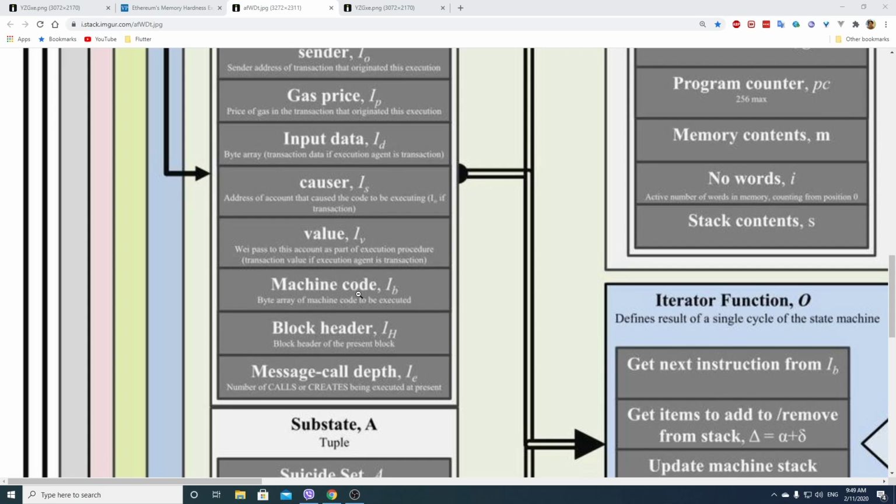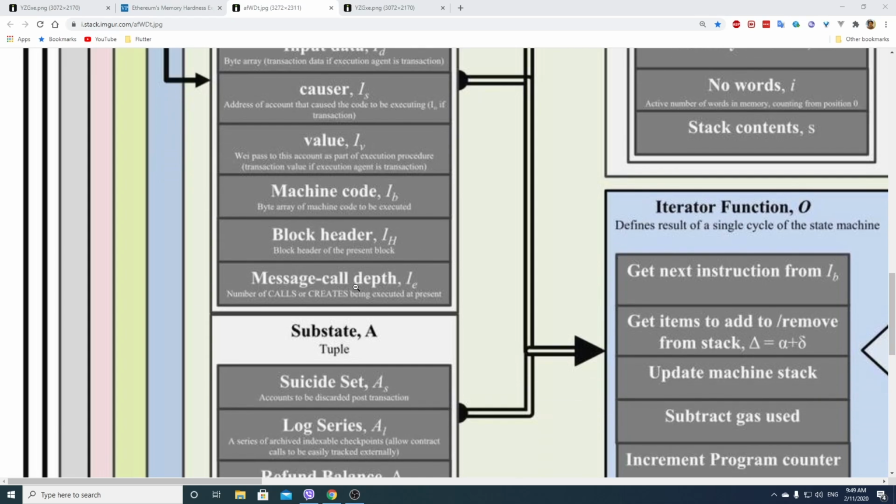The code of the contract that has to be executed, the current block header, and also how nested you are in the call graph. So if you call something that calls something that calls something, this increments, because there's a limit on how deep the function can be executed. After a particular number, the machine will refuse to go deeper than that.